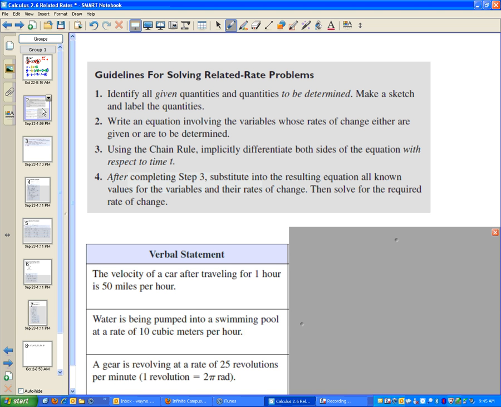That's step two. Take the derivative. That's step three. You got to use implicit differentiation because everything's a function. I say everything. They might give you something that's a constant, but everything's a function of time. And then substitute in either information they give you or that you can figure out yourself to replace some of those unknowns.